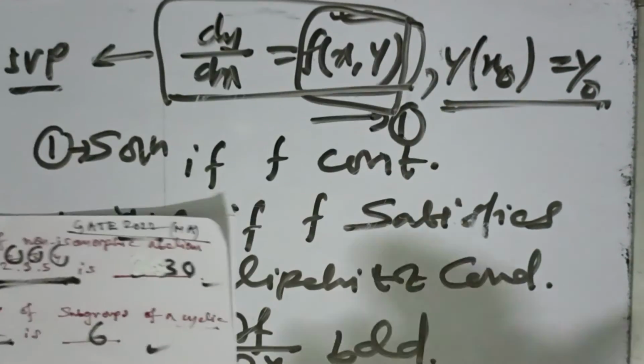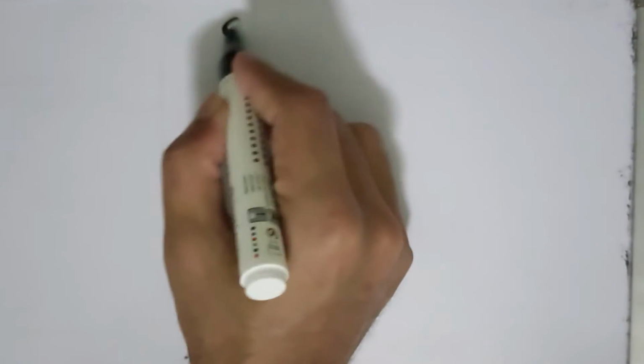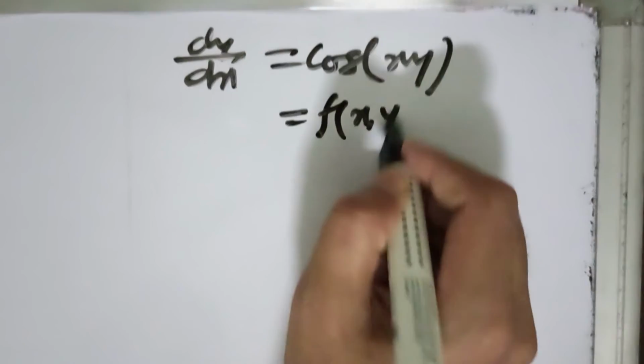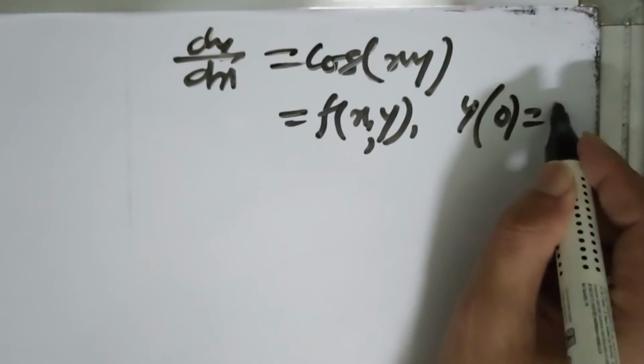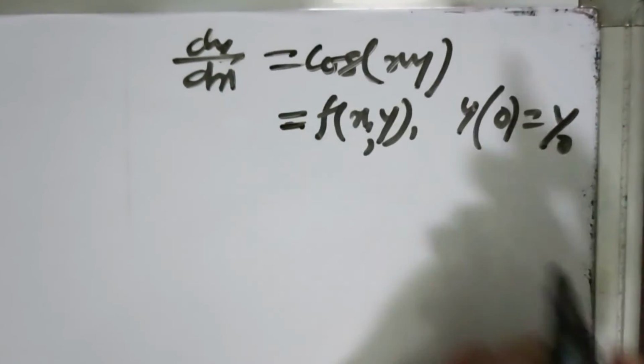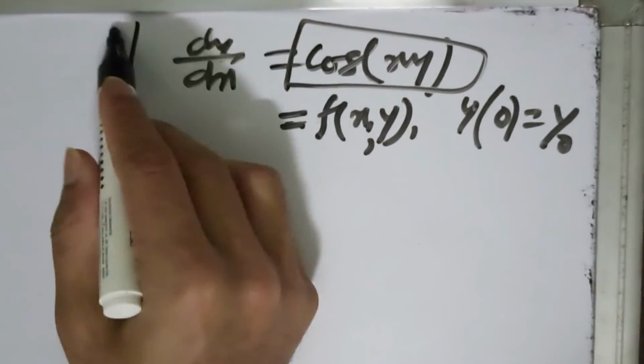So I am writing this. dy/dx is equal to cos xy. So here f(x,y) will be cos xy. Cos is the given function, so it is continuous.